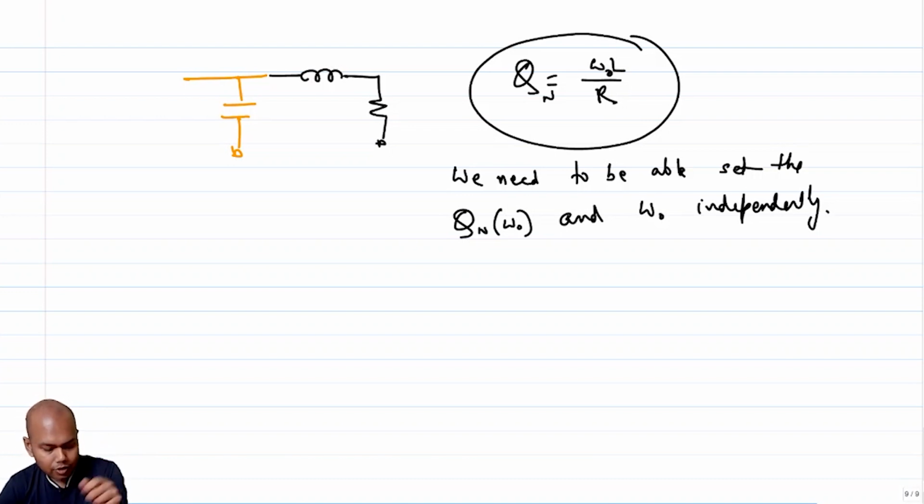So if your C and your L are both tied up in setting the Q and omega, and by the way, this is not the Q of the full network. This Q does not take into account the source R, right? This is Q of this matching network only. So if that is the case, then you are not able to set your parameters independently.